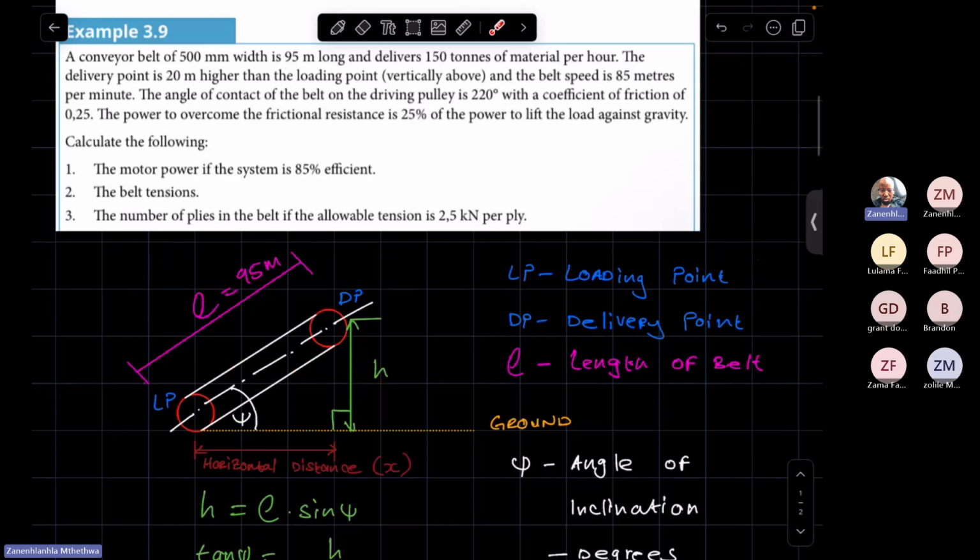Right, last question is the number of plies in the belt if the allowable tension is 2,5 kilonewtons per ply, right? So now they want us to calculate the number of plies in the belt if the allowable tension is 2,5 kilonewtons per ply.